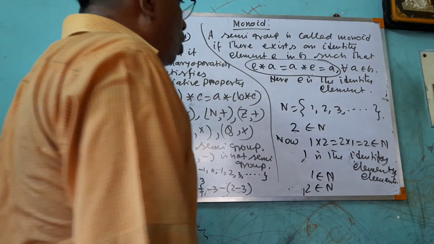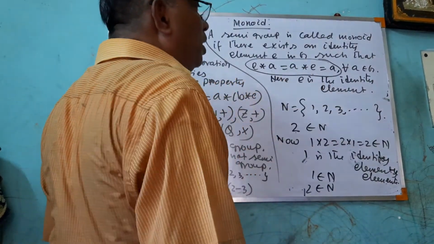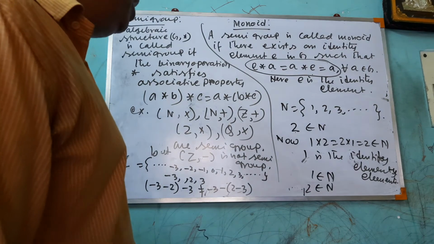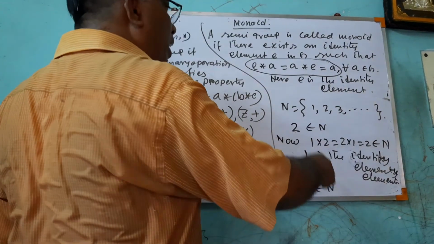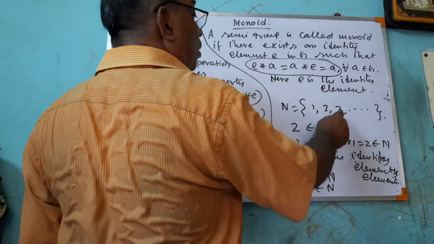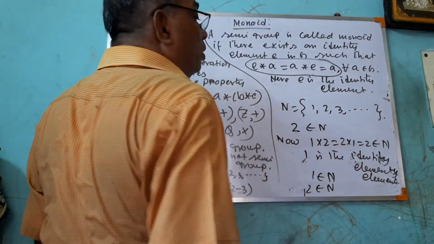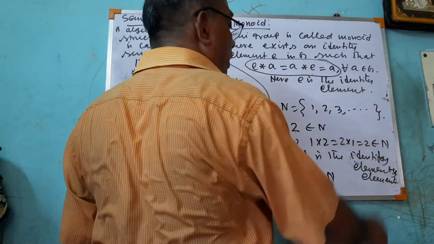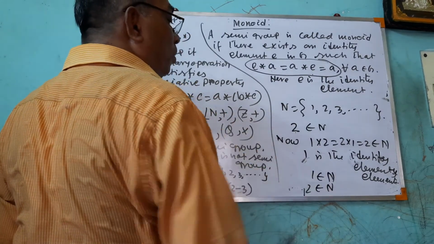E composition A equal to A composition E equal to A for all A belongs to G. Here E is the identity element. Here I am taking natural number 2. Now from natural numbers I am taking one element. 1 into 2, that is 2 into 1, that comes 2. So 2 belongs to natural numbers. So here 1 is the identity element because 1 belongs to N.